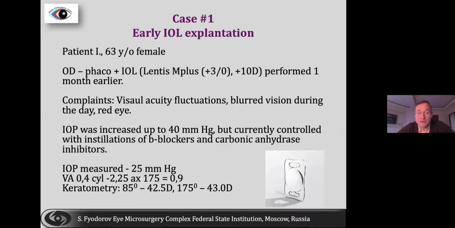IOP was increased. However, it was controlled by instillations of hypotensive medications and systemic carbonic anhydrase inhibitors, but still IOP was not perfect. Vision was quite good with substantial cylinder, not corresponding to the astigmatism of the cornea.